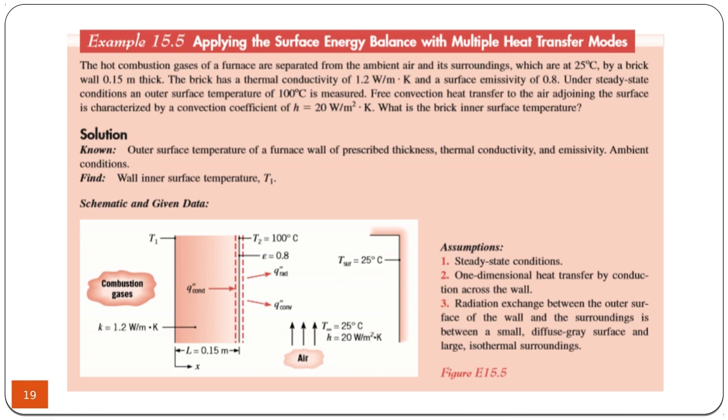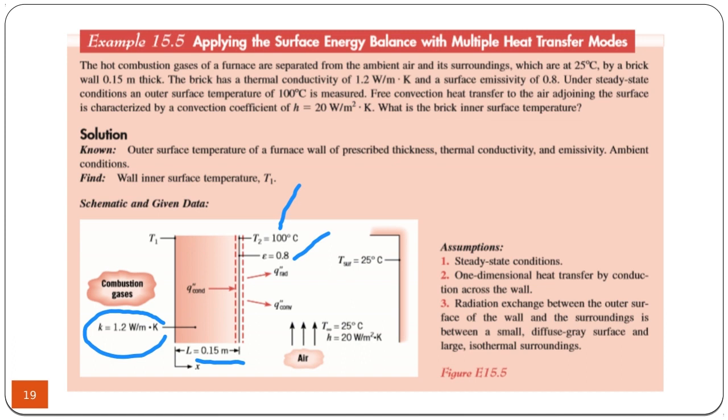Again, we are working with a wall of 15 centimeters. The wall material has a conductive coefficient of 1.2 watts per meter per Kelvin. The outside surface of the wall is 100 Celsius. The emissivity is 0.8.